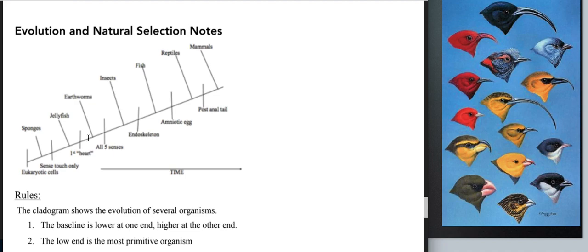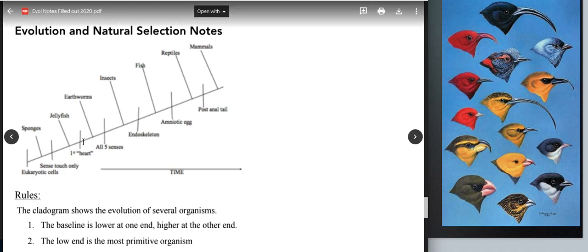So remember, the lower end of the timeline is below. So earthworms have a heart. It is very primitive. It is just a blood vessel that beats, but nonetheless, that's all it is. They have a heart. They can sense touch. If you poke an earthworm, it's going to feel that and try to move away from you. And they have eukaryotic cells. So earthworms have all the traits that are below them.